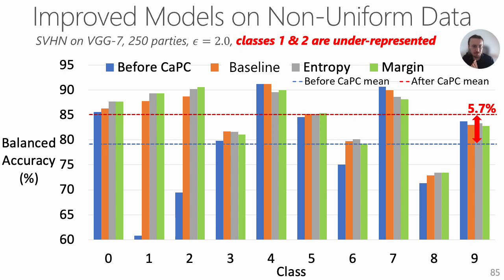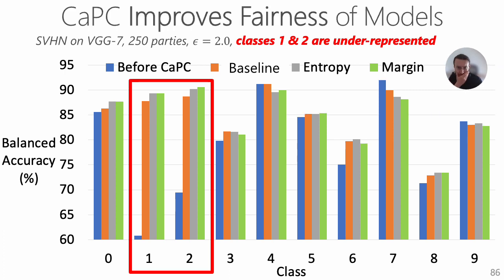So first, we observe that Capsi with different sampling methods increases the overall balanced accuracy of the querying model, here by about 5.7%. Next, we zoom in on one of these examples that we have, with underrepresented classes 1 and 2.